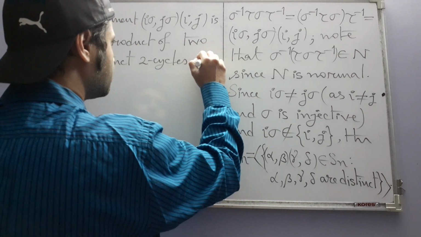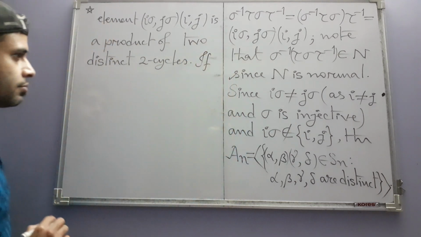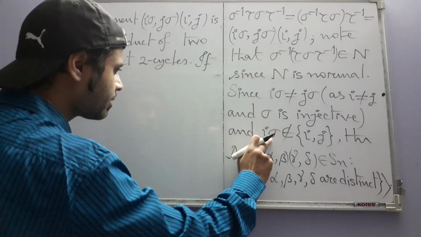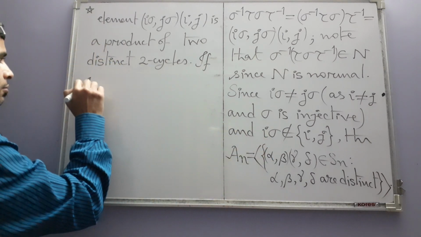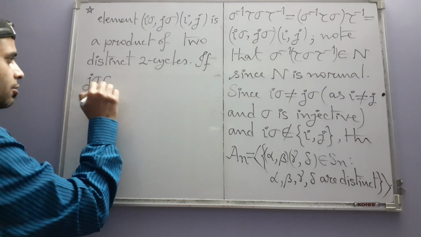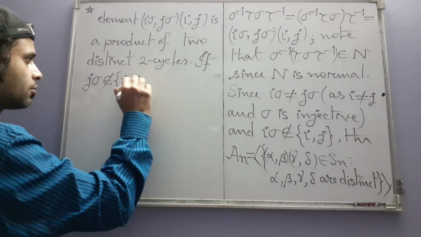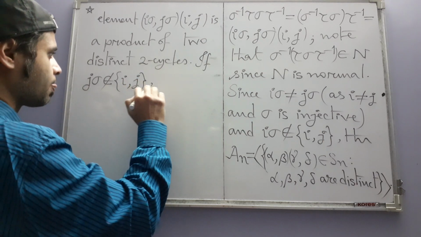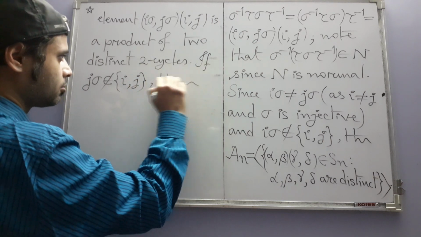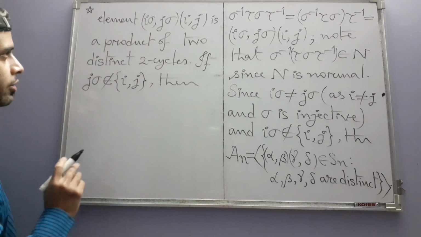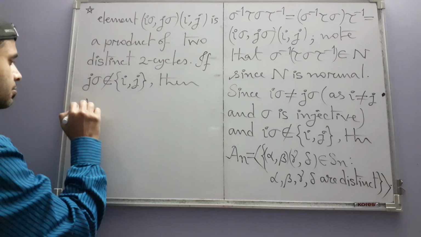Now if it happens that just like I sigma, J sigma also does not belong to this set consisting of I and J, then it becomes a product of 2 disjoint 2 cycles.